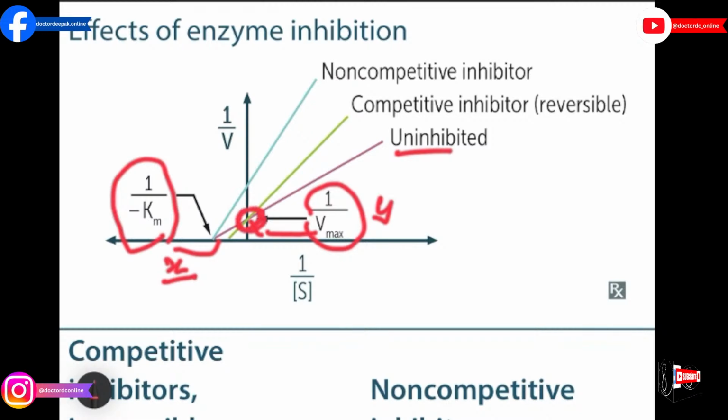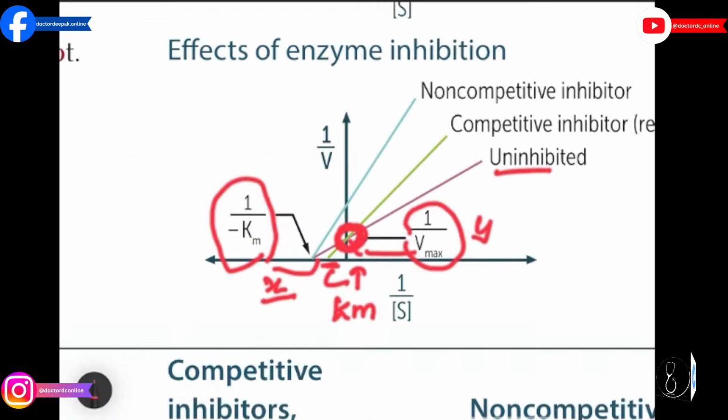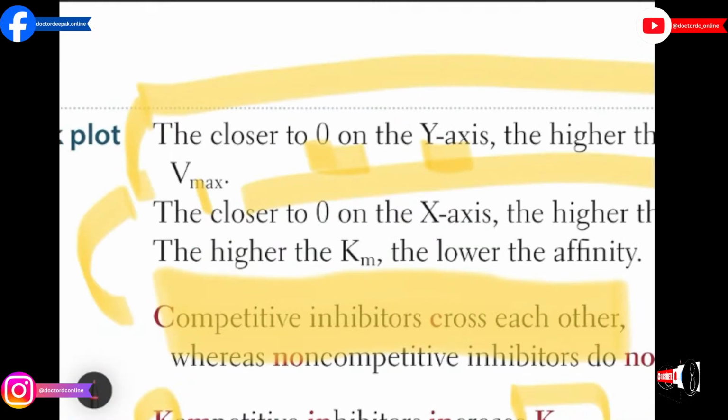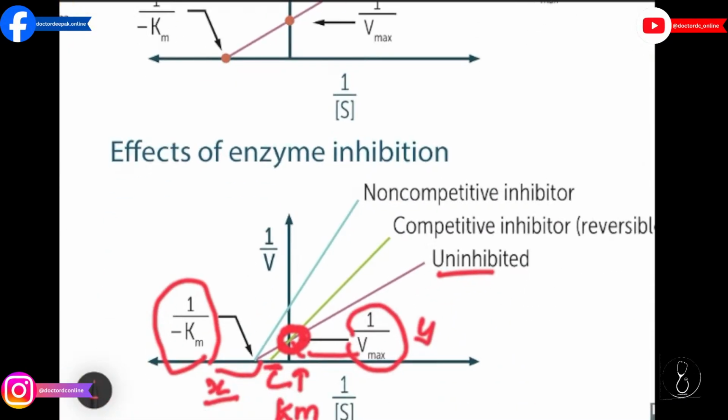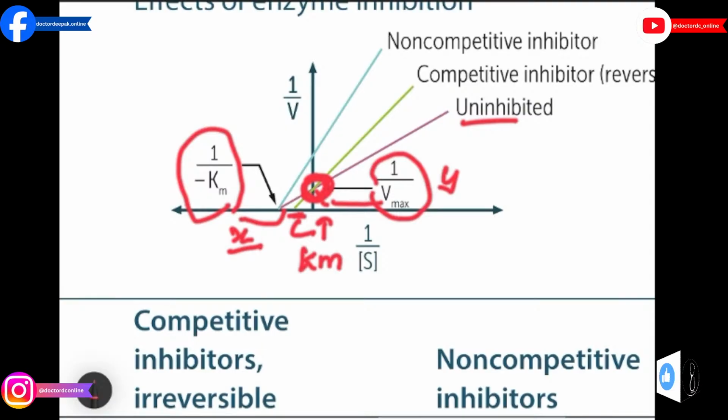Vmax will be the same. Okay? But our Km will increase. Already, this line is saying the same thing. If the lines are closer to the x-axis, they will have higher Km. And you guys are noticing this, the green line is closer to 0 or the x-axis.